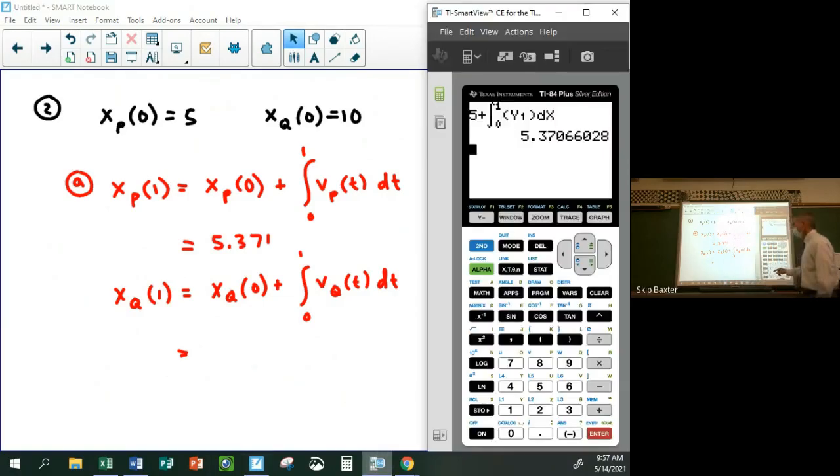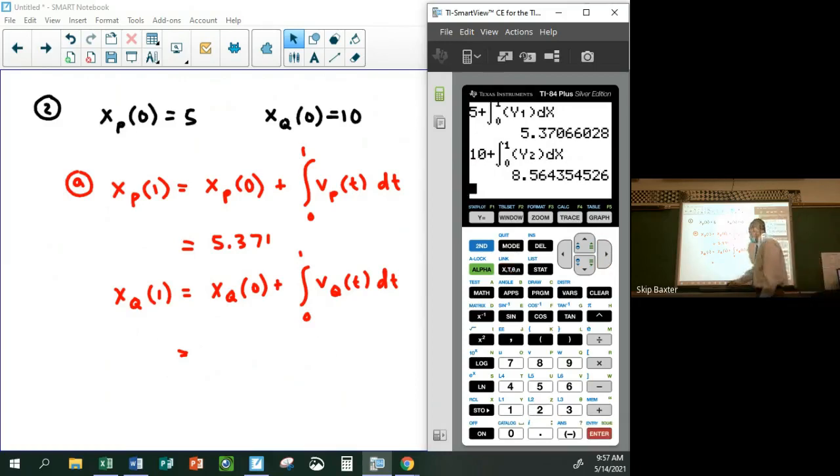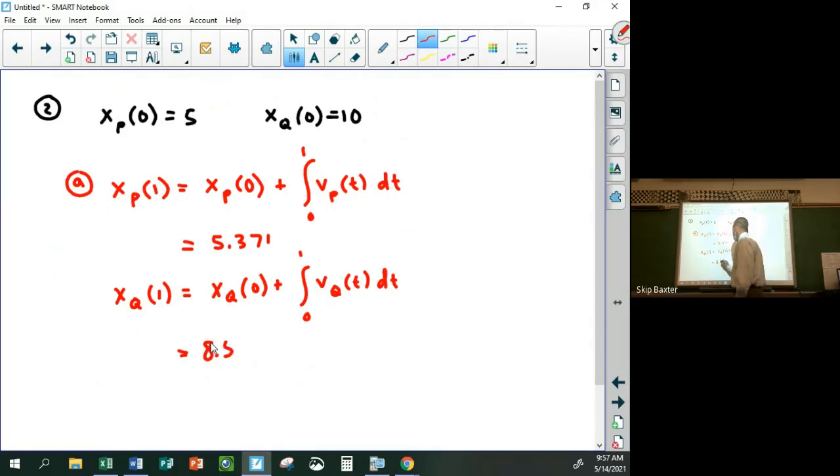For the second one, it's 10 plus the integral from 0 to 1 of function 2 dx. 8.564. That's it. That would be full credit.